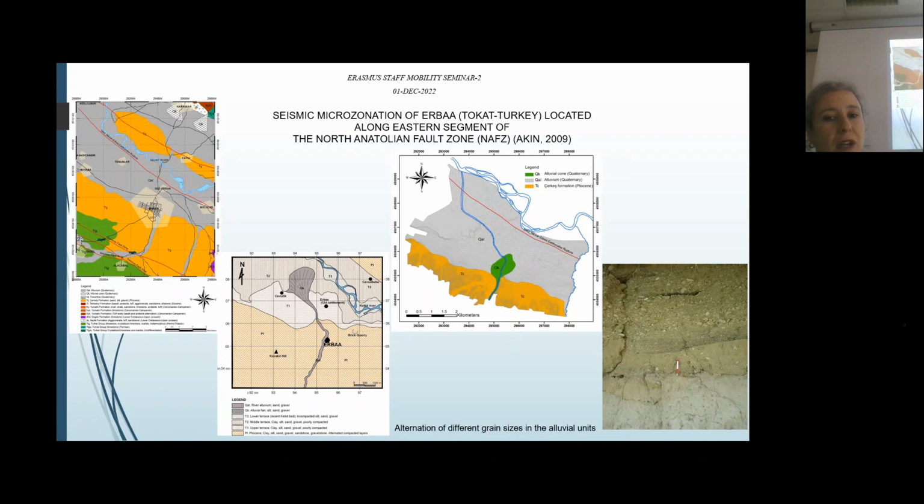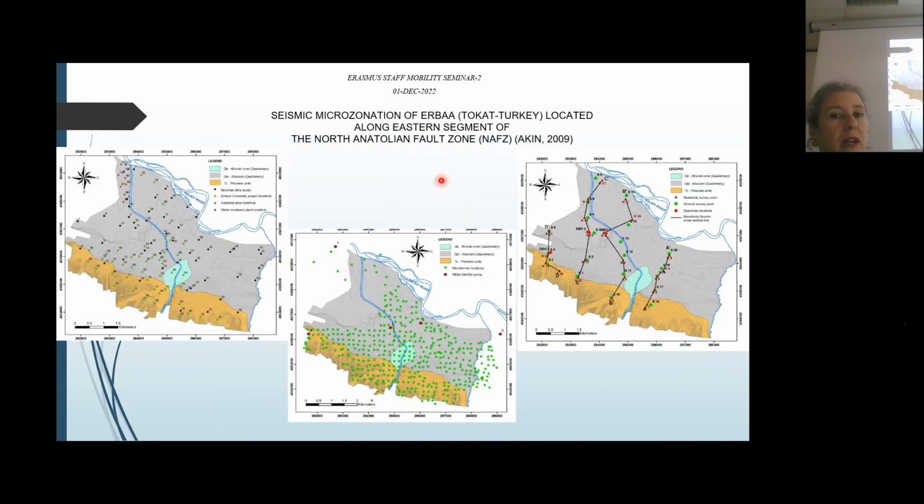Here you can see the deposition layers in the alluvium, which are really heterogeneous. And here you can see some of the applications, such as boreholes, some seismic events, and refraction microtremor, among other things, with the limited budget that I could obtain at that stage.